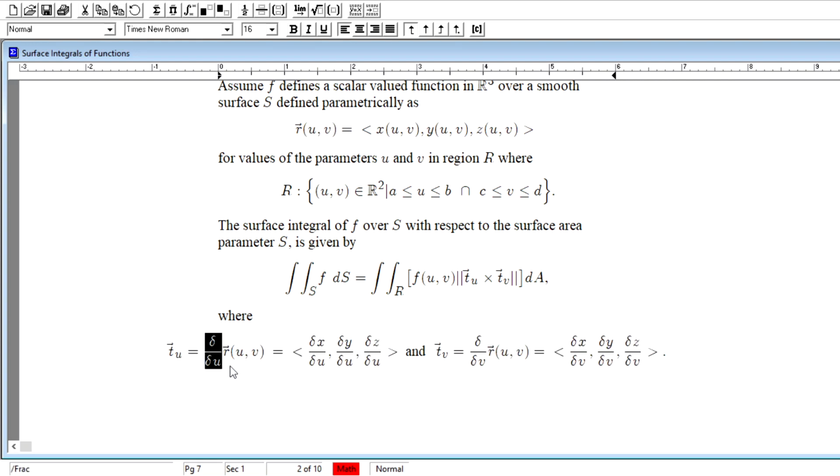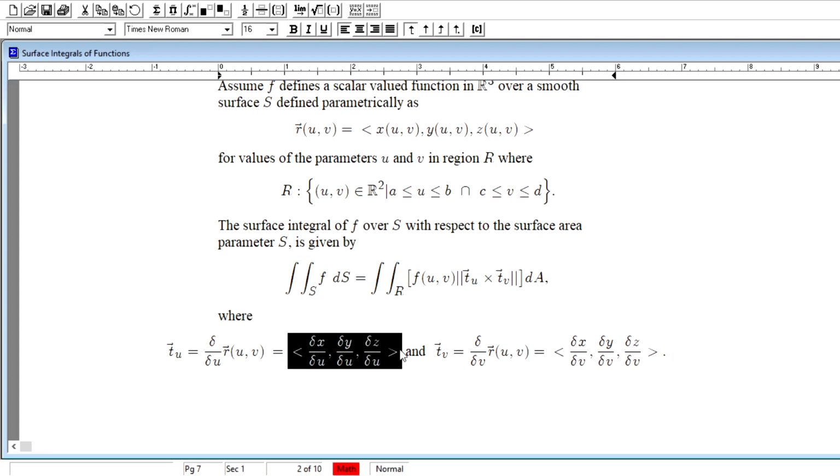With respect to u, for the case of t bar sub u, which is just going through R bar of u and looking at the partials of the x, y, and z components with respect to u. And t bar sub v is the partial of R bar, our parametric description of surface S over region R, with respect to the parameter v, where it is the partial of x with respect to v, the partial of y with respect to v, and the partial of z with respect to v.